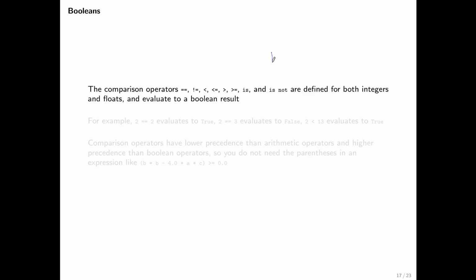Okay, so what that means is you put a comparison operator here, which is one of these guys, and on either side you can have a numeric type, such as an integer or float.